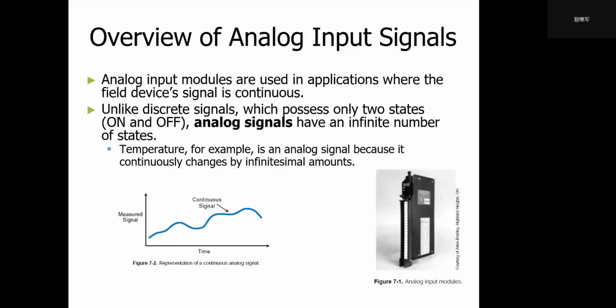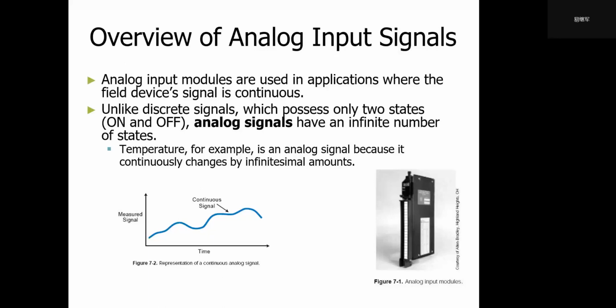Analog input modules are used in applications where the field device's signal is continuous. Unlike discrete signals, which possess only two states, analog signals have an infinite number of states.